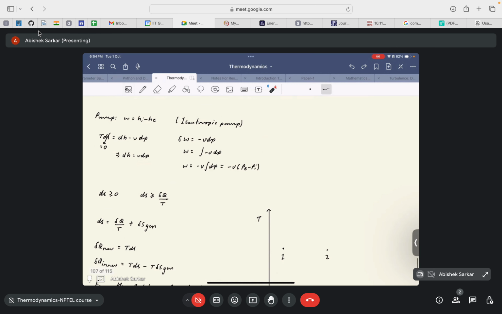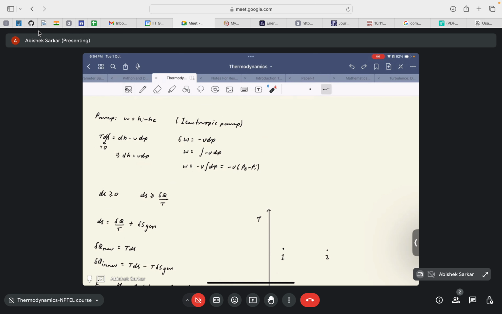So the net work will be equal to the integral of minus VdP, where V is the specific volume. If we are considering V to be constant, then W is equal to minus V integral of dP. If we are considering a pump and the working fluid being pumped is a liquid, which is usually the case, then the net change in the specific volume is very small, and we can ideally consider the specific volume to be constant.